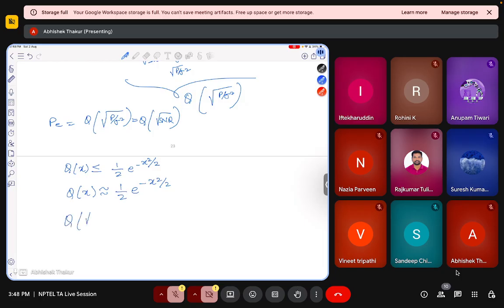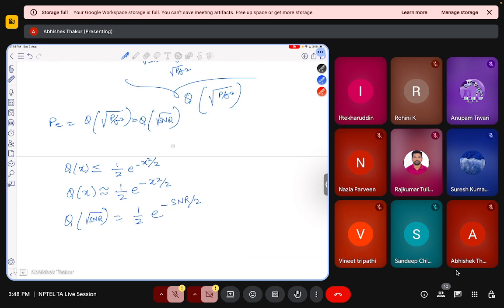So Q of square root of SNR is equal to half e to the power of minus SNR by 2, where x is square root of SNR. So this will be our bit error rate for the BPSK.